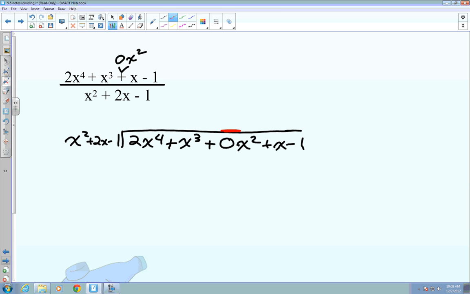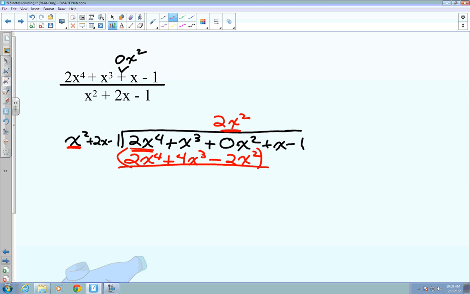Now I look at the first term, x squared. What times x squared will give you 2x to the 4th? 2x squared. So I take 2x squared times x squared, and I get 2x to the 4th. 2x squared times 2x, and I get 4x to the 3rd. 2x squared times negative 1, and I get minus 2x squared.